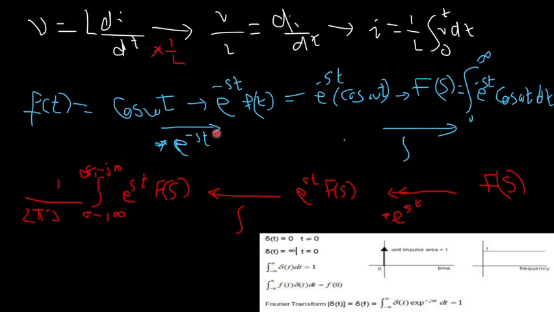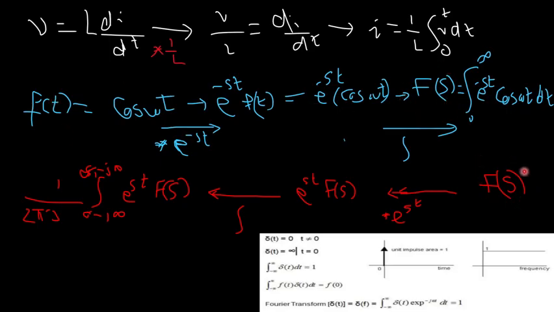We started by multiplying by e to the minus st, and then we took the integration for both sides. As we should expect, the inverse Laplace transform should be the reversal of these operations. We started here with f of t, and we finished with F of s.